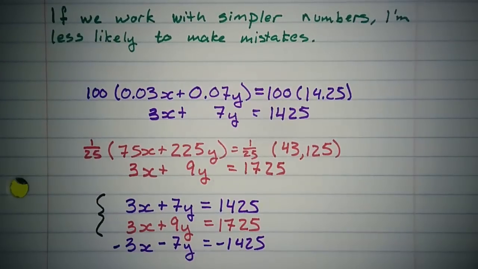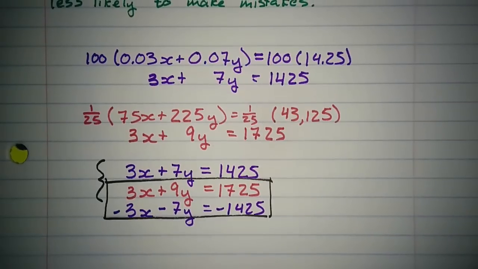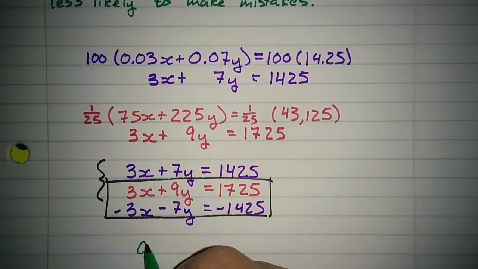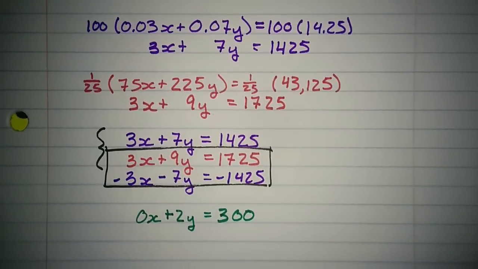That's all I'm going to need to do for elimination, isn't it? Because now when I add the left-hand sides, I'll get 0x plus 2y equals 300. Divide both sides by 2, I'll get y equals 150.